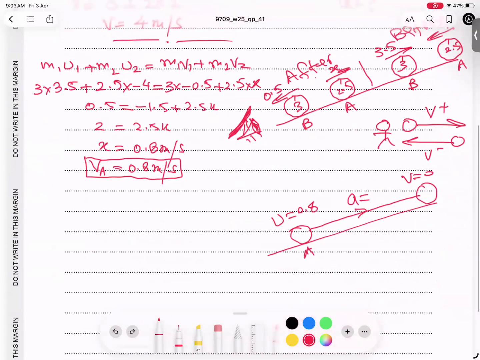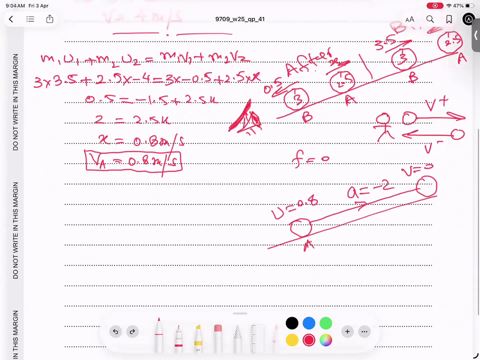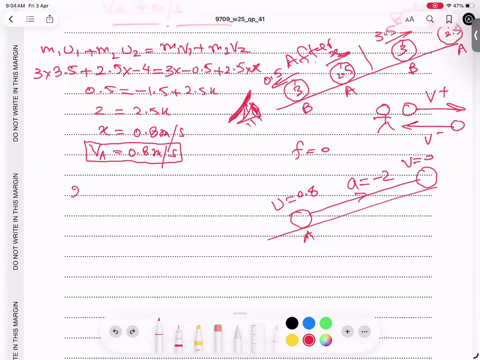You may ask why negative 2, sir? Because it's going upwards, slowing down. So whenever the surface is smooth, friction is 0, acceleration is positive and deceleration is negative, same number. So I'm going to find it. 2as is equal to v squared minus u squared. 2a is negative 2, and 2s is what we need to find. v is 0 and u is 0.8 squared.